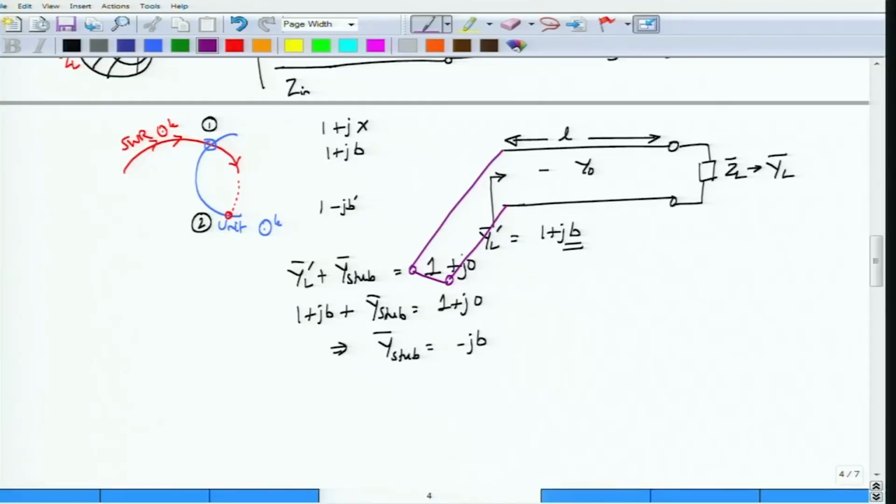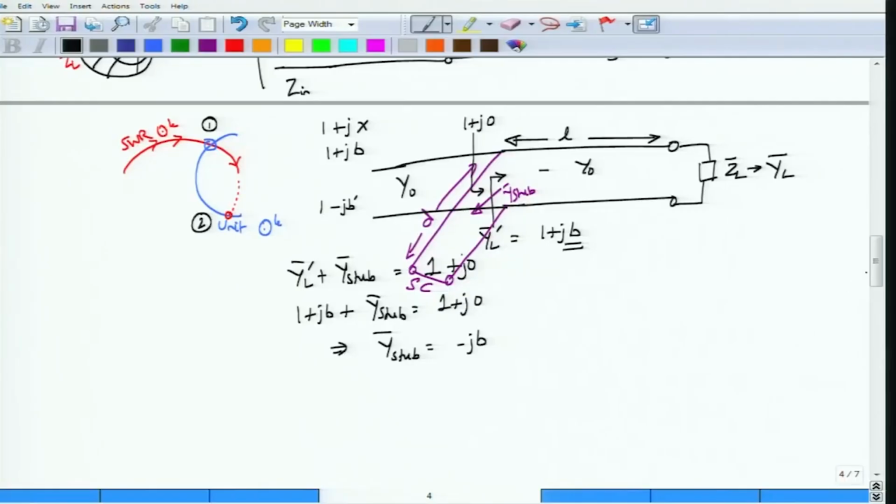So you choose the length of this appropriately, call this say D. If D is chosen according to whatever value of B is required, then it is possible to use either a short circuited stub or an open circuited stub to provide an admittance seen looking into this terminal at the same plane as Y stub, so that the total admittance seen to the left of the stub would be equal to 1 plus j0, and the transmission line is matched and there won't be any reflections. Okay, so this is basically the idea.